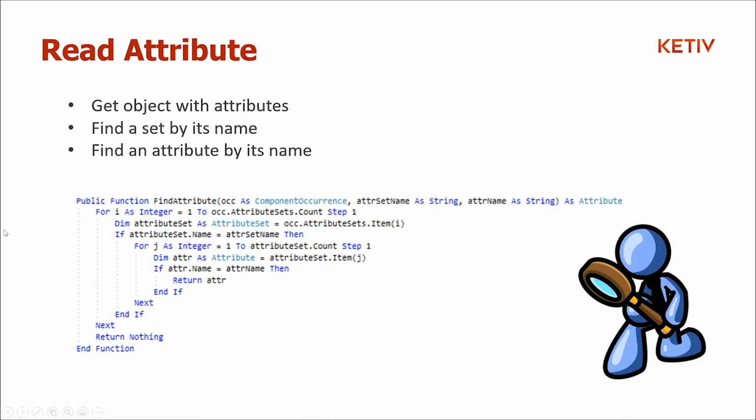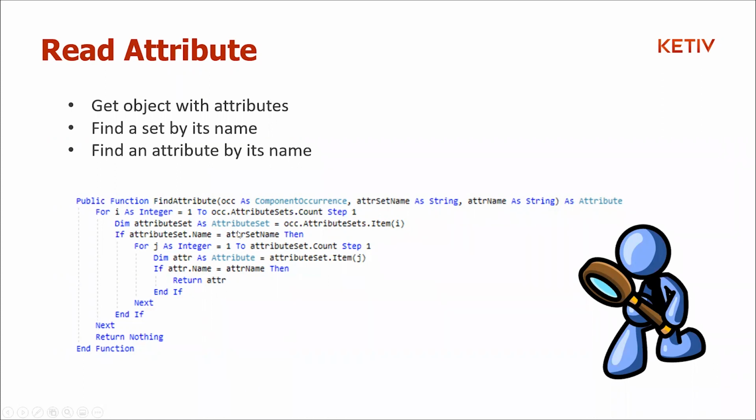So here, once again, I dropped this into a function, but first we need to get the object with the attributes. And then we need to find the set by the name that we're looking for, and then find the attribute by its name.